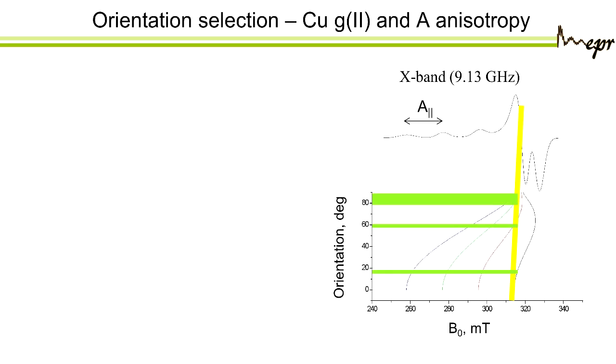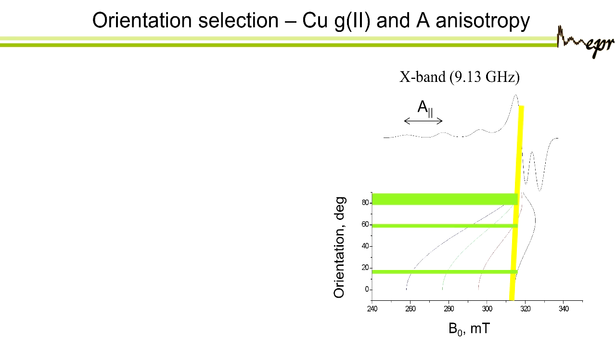From one manifold, I will get around 20 degrees, in the range around 20, and from the red manifold, I'll get around 60, and from the other two, I'll get around 80. So I'm not really very selective. I have quite a bit of orientations. If I go to the end, of course, I will be selective.